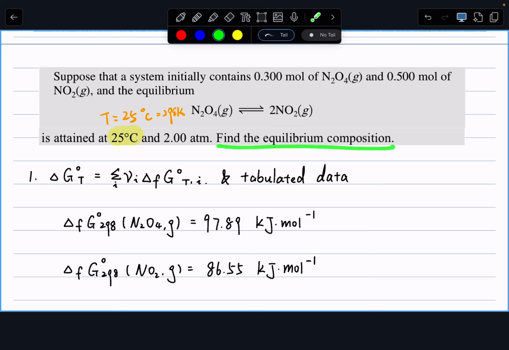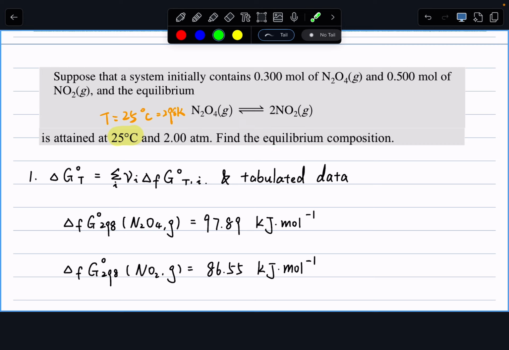And it also asks us to find the equilibrium composition. Let me just copy paste what we have in the problem here, so I can keep using my iPad to go over the problem with you. This should be quick. The reaction we're looking at is N2O4 as a gas in equilibrium with 2 NO2 gas.